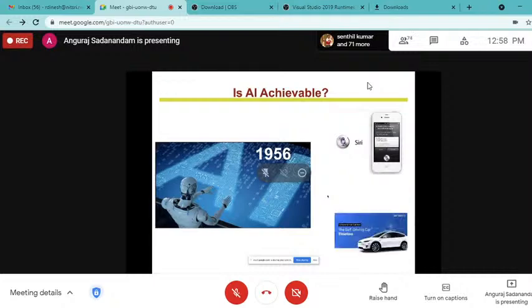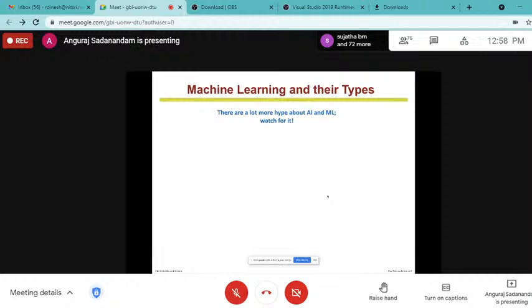The self-driving car is also artificial intelligence, and there is automated surgery training available these days. I'm not going to go into artificial intelligence much here. I'm going to talk more about machine learning and deep learning methods.